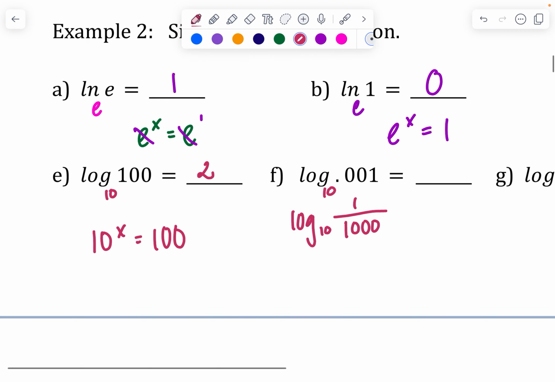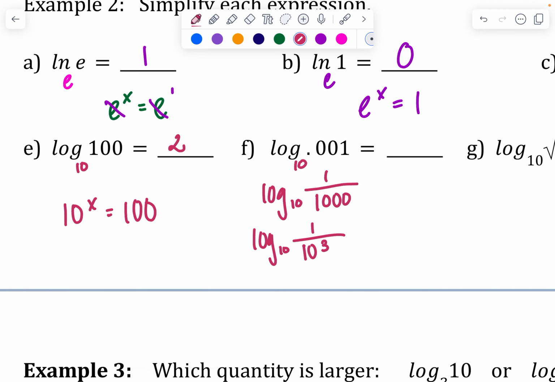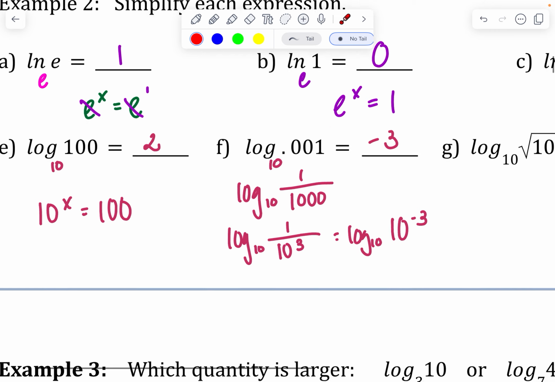And then I can keep simplifying this: log base 10 of 1 over 10 cubed. So then I can even keep going, guys. Wow. Log base 10 of 10 to the negative 3rd power. This answer is actually -3. It's kind of like rethinking how I can express this in terms of my exponent.